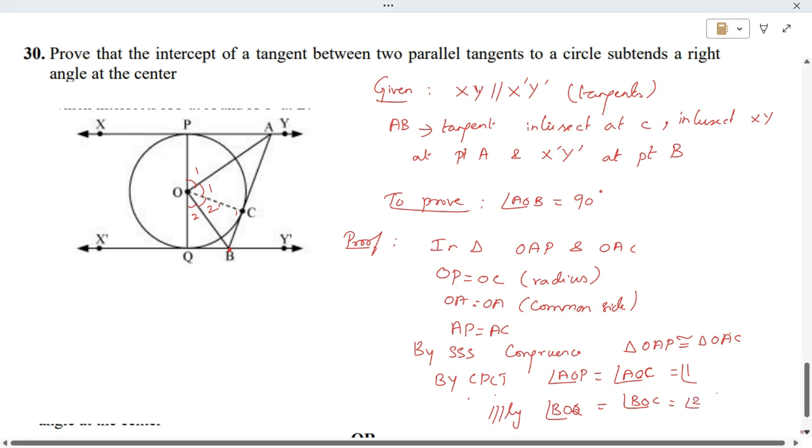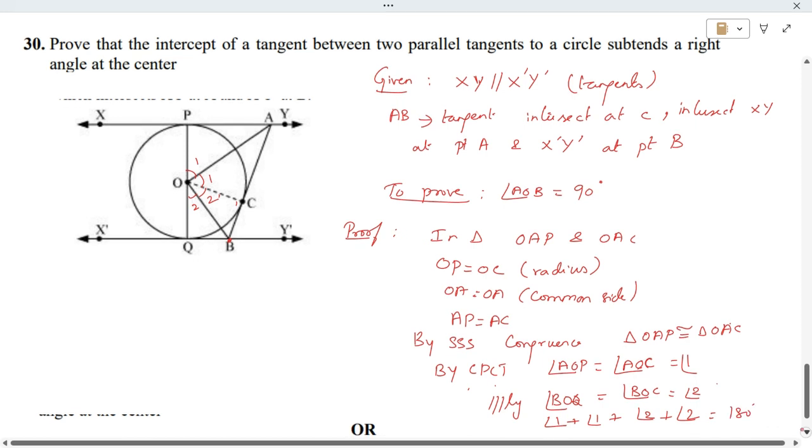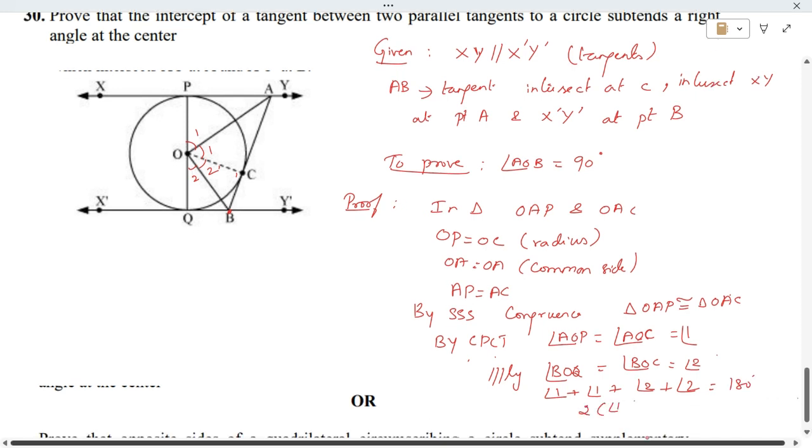Now add all these angles, so it will give you the angle on a straight line. POQ is a line, isn't it? So angle 1 plus angle 1 plus angle 2 plus angle 2 will make a straight line, that is equal to 180 degrees. So 2 times (angle 1 plus angle 2) will be equal to 180 degrees, which implies angle 1 plus angle 2 is equal to 180 by 2, which is 90 degrees.